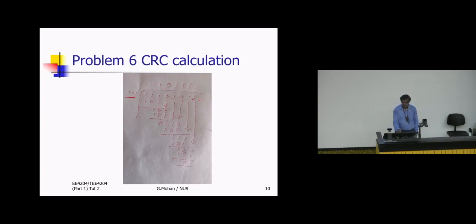If the divisor 101 has 3 bits, you have to use 3 bits, and the most significant bit should be 1. Don't try to convert the binary number into an equivalent decimal. Don't convert this 111 as 7 and this as 5. No, don't try to do it, okay? Because this has an equivalent polynomial theory. So you should just follow the modulo 2 arithmetic and the division procedure.